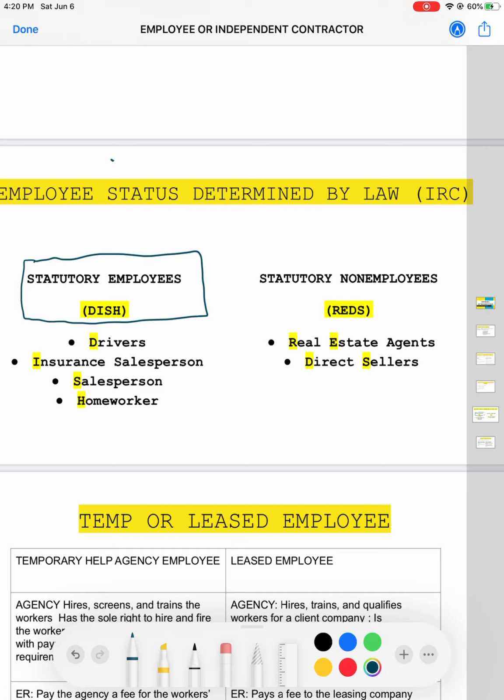In DISH, the D is for driver, and that driver must be engaged in distributing meat, vegetables, fruits, beverages, laundry, or dry cleaning services, and must be paid on a commission basis, or the difference between the sales price of the goods or services and the price paid by the driver.